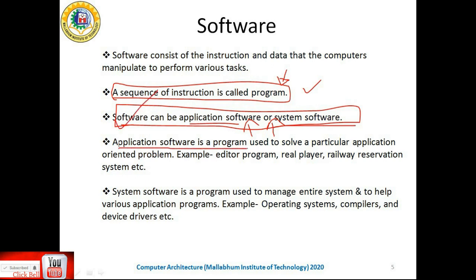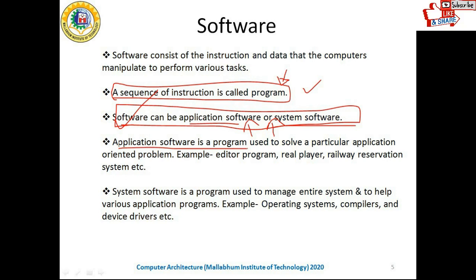Application software is a program. Obviously software is a program. Suppose Microsoft Office, this is software you can install in your machine. Beneath that there is a program written in C language or Java language, so that you can see the graphical user interface of Microsoft Office.